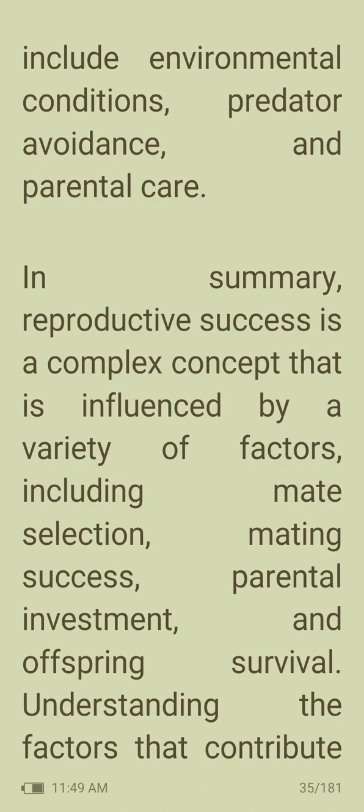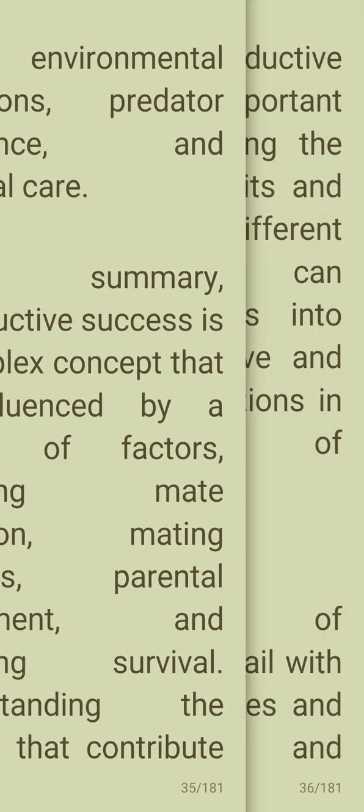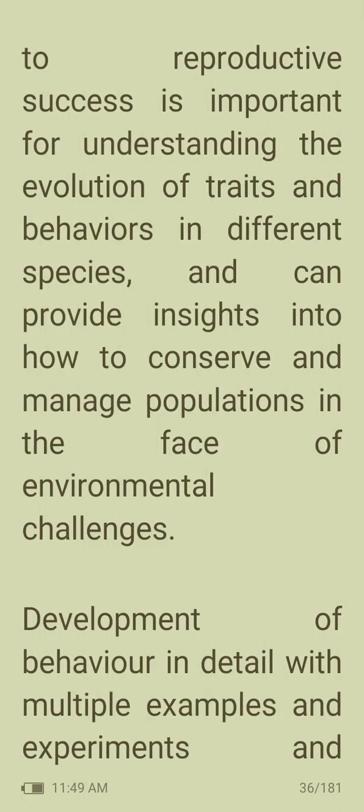In summary, reproductive success is a complex concept that is influenced by a variety of factors, including mate selection, mating success, parental investment, and offspring survival. Understanding the factors that contribute to reproductive success is important for understanding the evolution of traits and behaviors in different species, and can provide insights into how to conserve and manage populations in the face of environmental challenges.